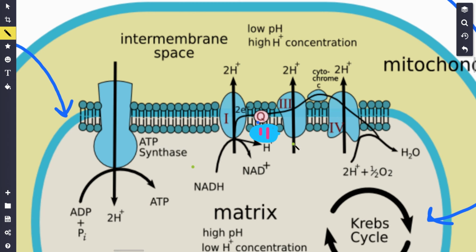The reason why is because each of these regions wants the electrons more and more. Think of it like a magnet, for example. Complex 1 wants the electrons pretty badly. Then it's going to go through this Q right over here, and the Q, all that means is something known as ubiquinone.